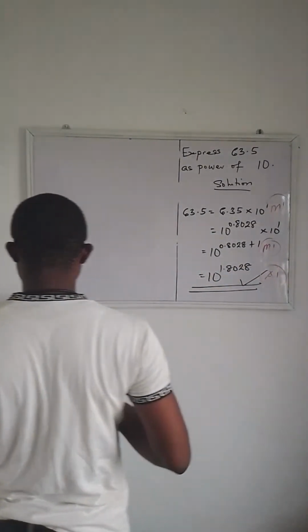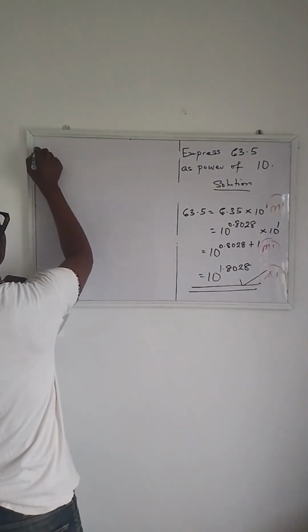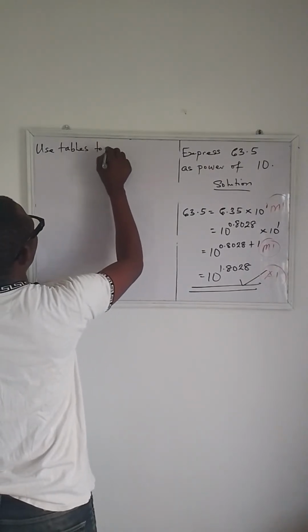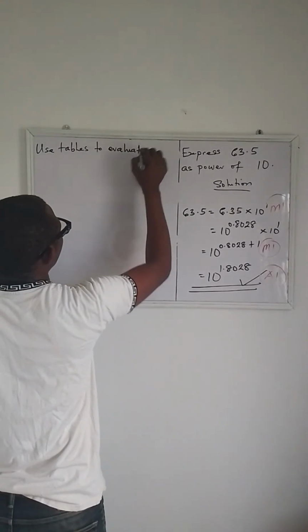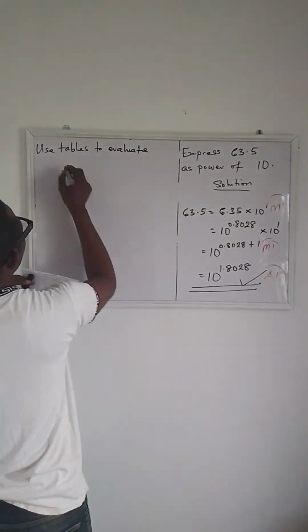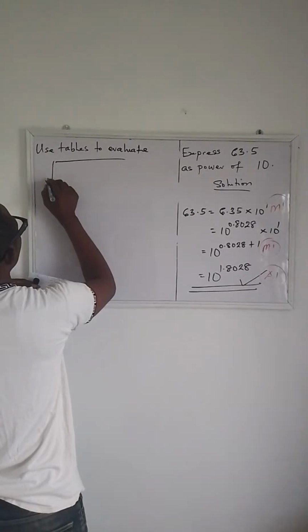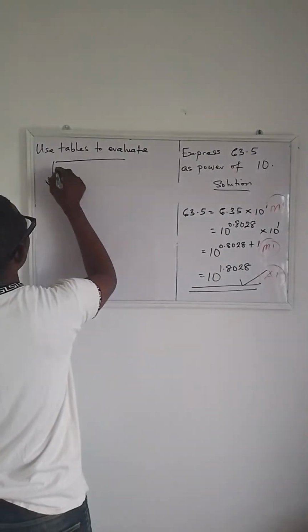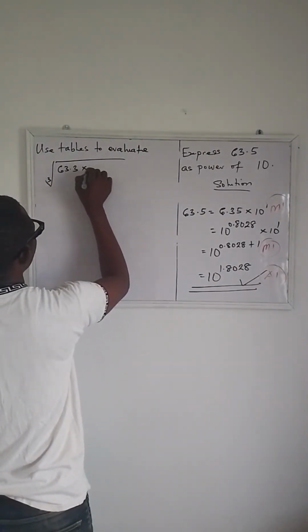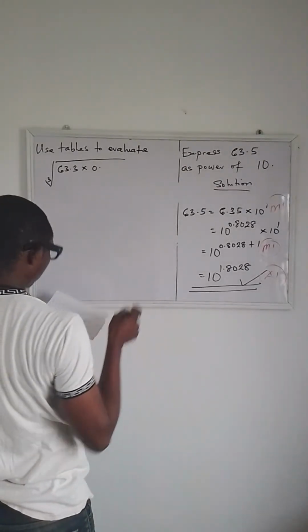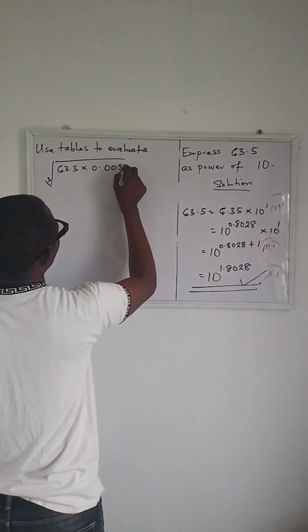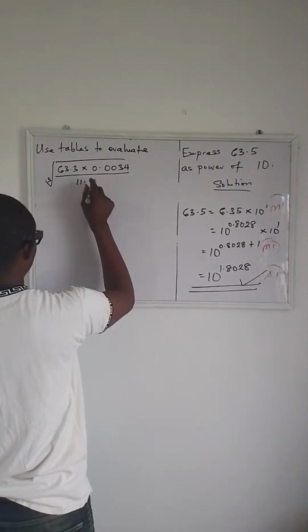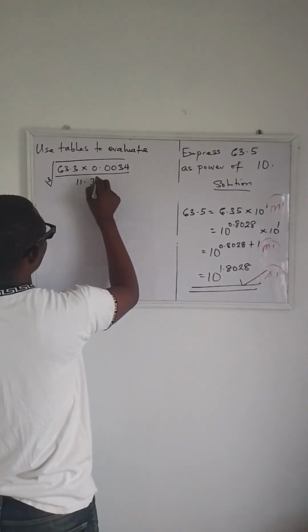Now the next question: use tables to evaluate the cube root of 63.3 times 0.0034 over 11.3 raised to the power of 2.